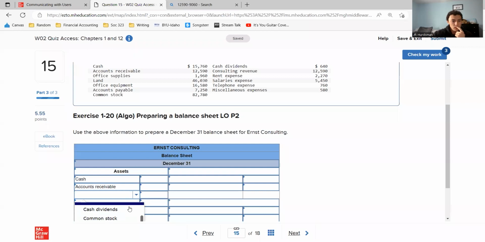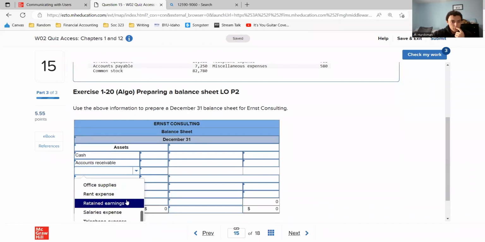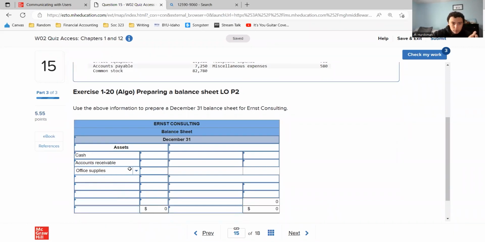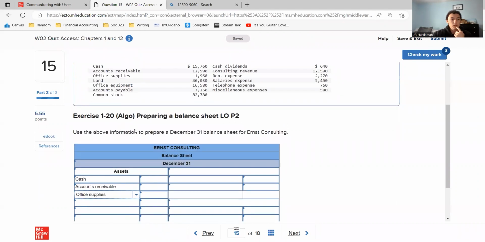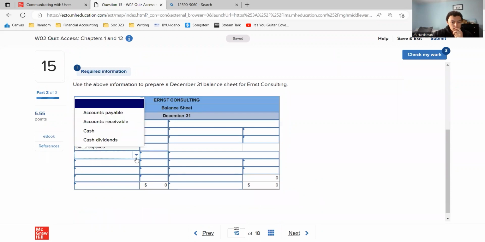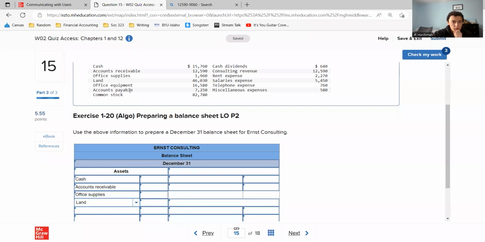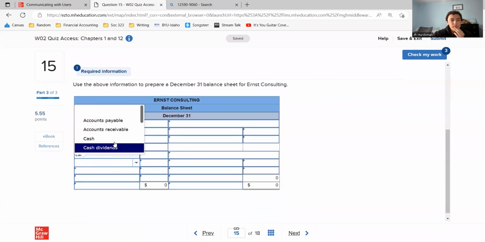Office supplies, boom, right there because it's something that the company owns. Oh, and then we got land. Got to own land for the company. Office equipment.